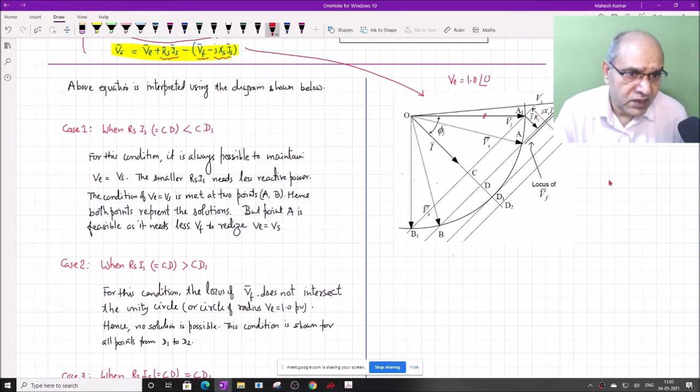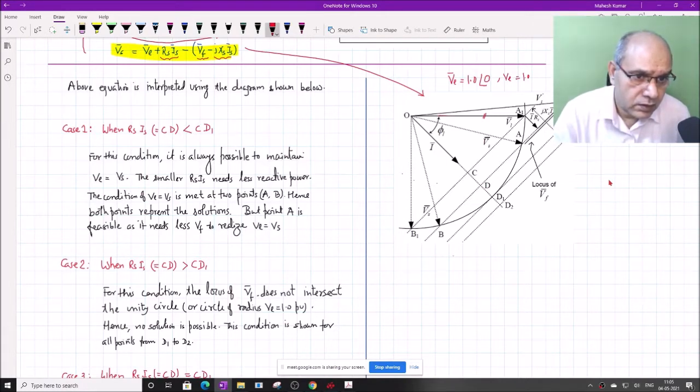We can also take it as a reference phasor, it's not a problem; then the angle will be 0. So this line is VL.